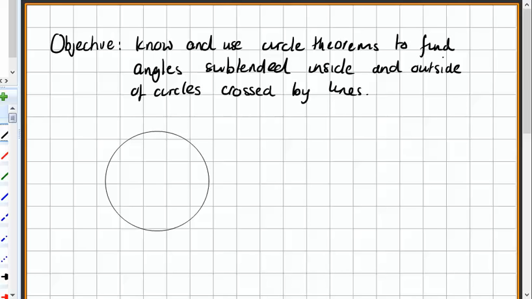Okay, so we've got a circle. We have the origin of the circle is in the centre and normally called O for origin. Now, certain circle theorems you've got to know. Well, if we cross the circle through the origin, that length is called the what?